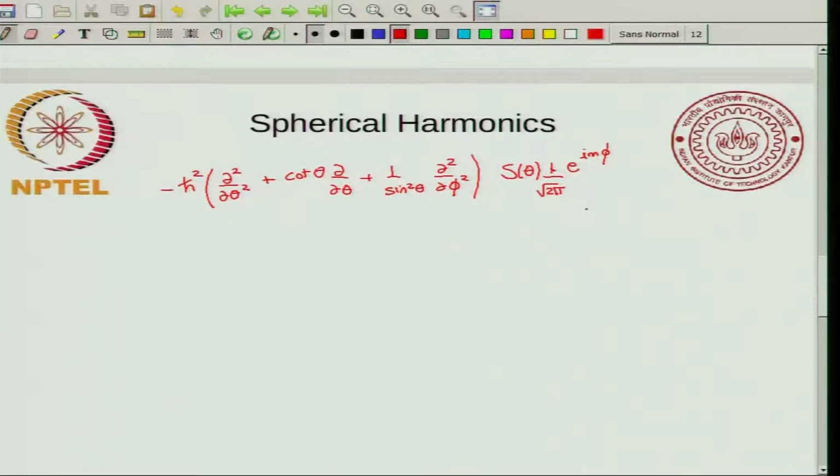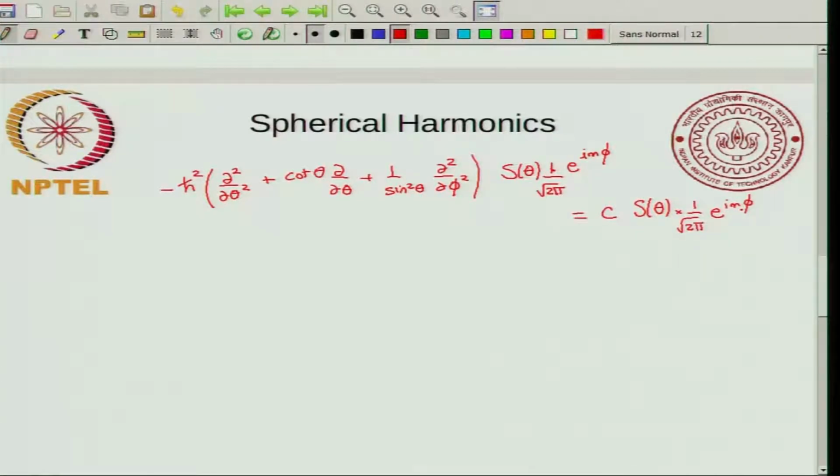Okay, and this is equal to a constant c times y itself, and y is s of theta times 1 by root 2 pi e to the i m phi. Okay, so this is our equation. This is the differential equation, and now we'll take this inside.